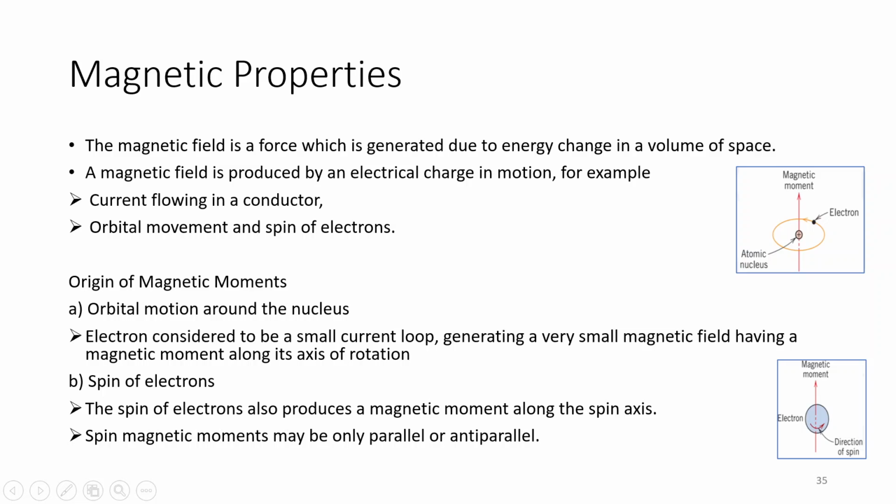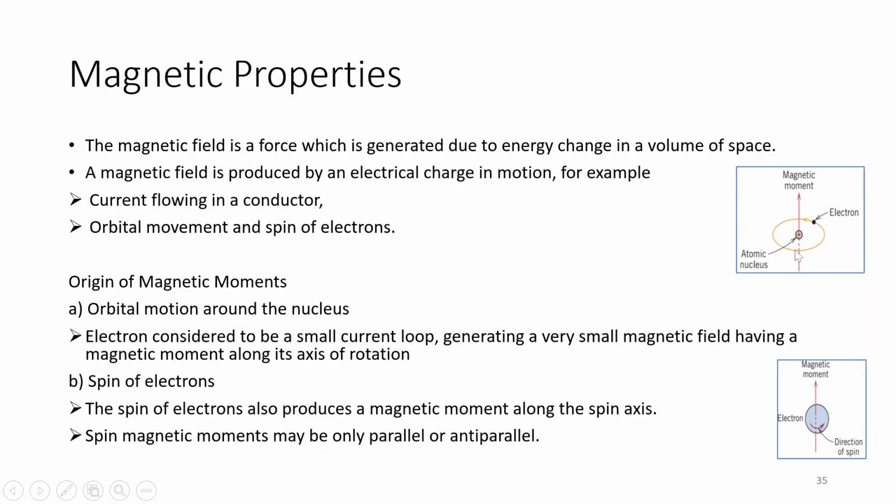Next is the origin of magnetic moments. First, orbital motion around the nucleus. Here you can see the atomic nucleus and the electron.